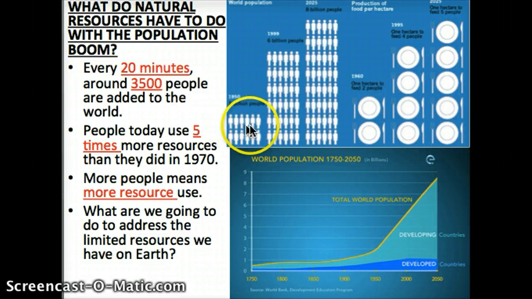So you can see as the population increases, we need more and more land, water, resources to feed that entire population. And the problem is there might not be enough land or water or resources available to feed that many people.